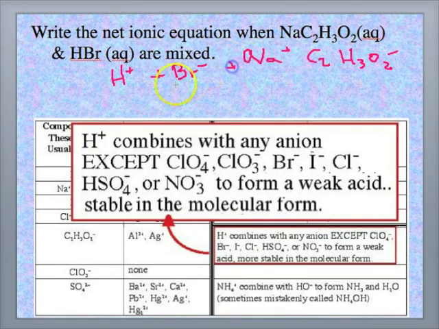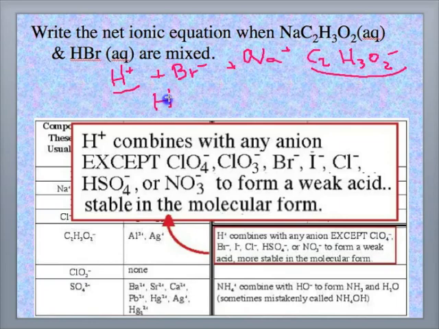So you have all these ions together. Are any of these two going to combine to form a molecule? And the answer is yes, indeed. H+ and C2H3O2- are going to combine to form a weak acid.